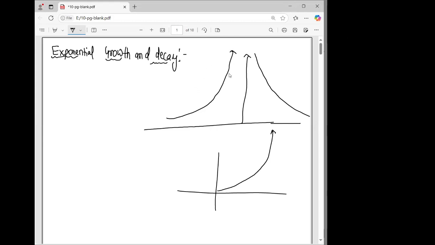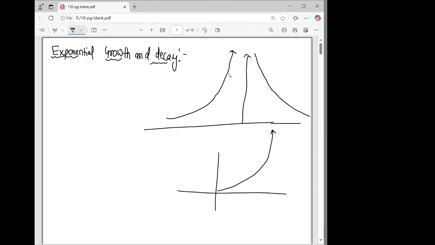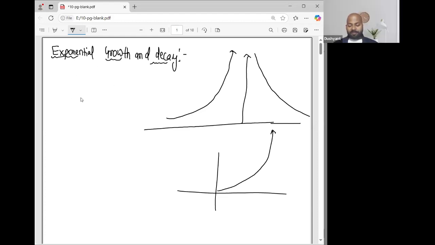Exponential growth you have learned in the stock market. Have you ever heard this word, exponential growth? Let's see. If we talk about exponential growth, like the bacterial growth, these are growing exponentially.